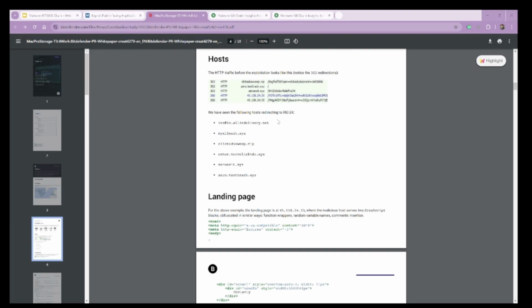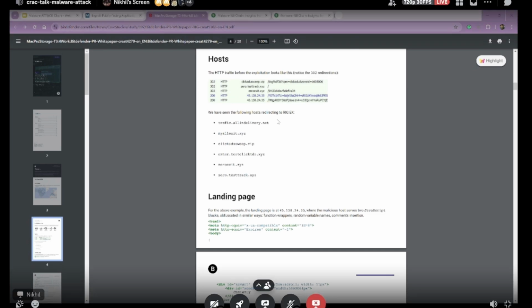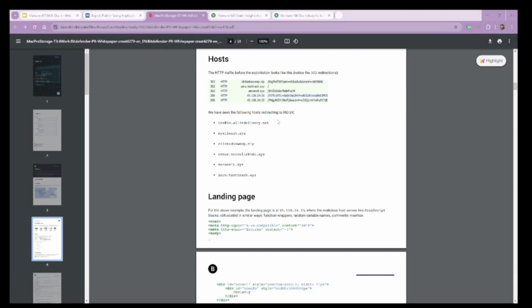Now, there are a few reasons why threat actors perform many redirects before they actually reach the landing page. The first reason is to hide the source from automation or threat research. The second is to perform some kind of profiling on the victim before they show the landing page. For example, this particular CVE is only for unpatched Internet Explorer browsers.